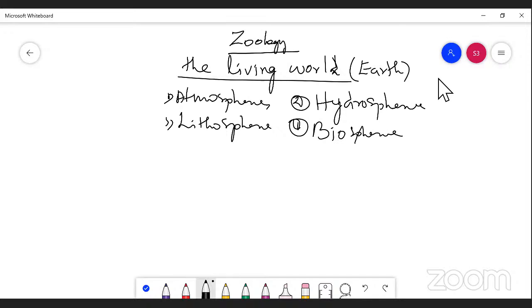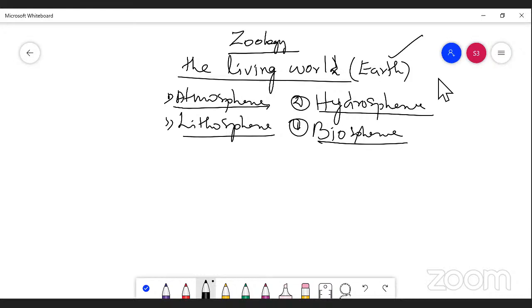The earth constitutes the living world because several biological species live in it. In each part there are living species.